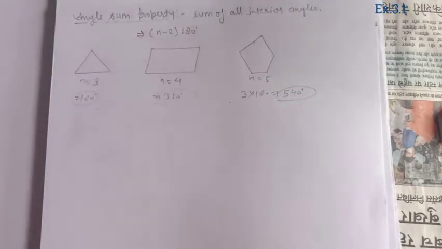What is the sum of the measures of the angles of a convex quadrilateral? Will this property hold if the quadrilateral is not convex? Okay, so students, I already said to you that this property holds for all types of quadrilaterals, all types of polygons. You just have to replace n by the number of sides present in the given polygon.